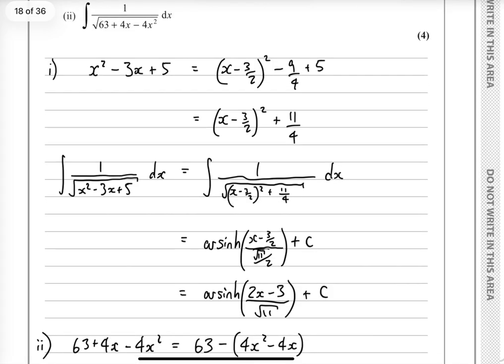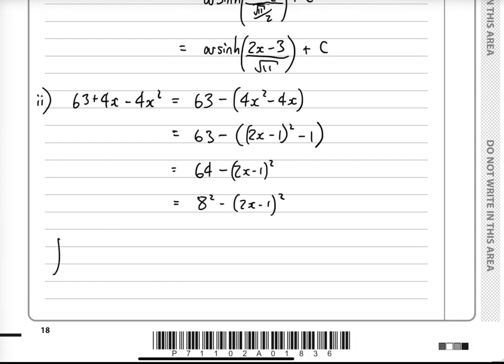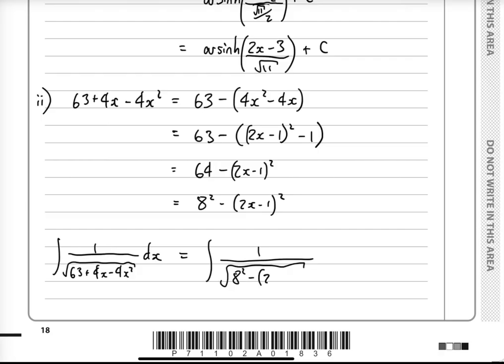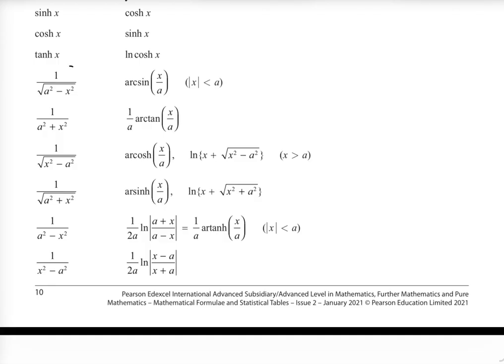So the integral of 1 over the square root of that, 63 plus 4x minus 4x squared, is the same as the integral of 1 over the square root of 8 squared minus 2x minus 1 squared. And back to the formula booklet. This time we want a squared minus x squared, so it's arcsine x over a.